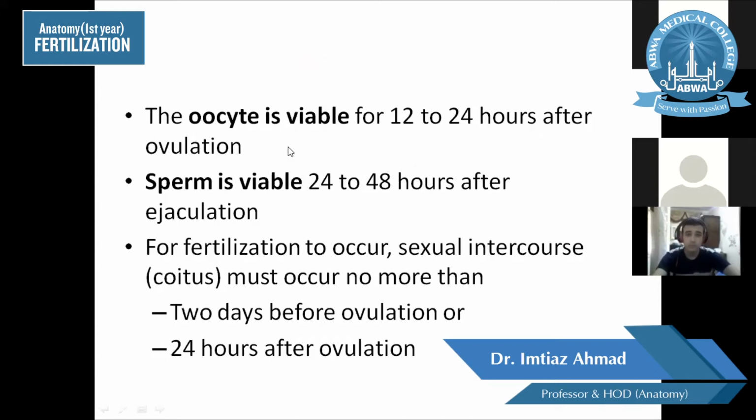Meaning thereby, when the oocyte is released from the surface of the ovary, if it is utilized for the union with the male gamete, that is the sperm, within 12 to 24 hours, a product which we desire, the formation of the zygote, we can achieve. After that, the oocyte may be there, but it is not capable of union with the male gamete or the sperm.